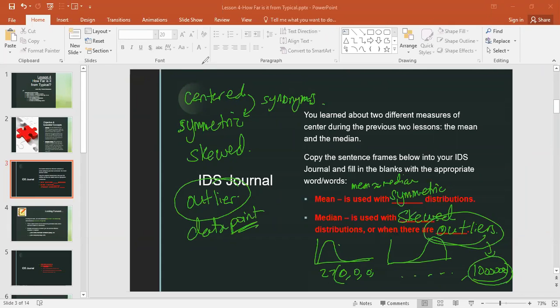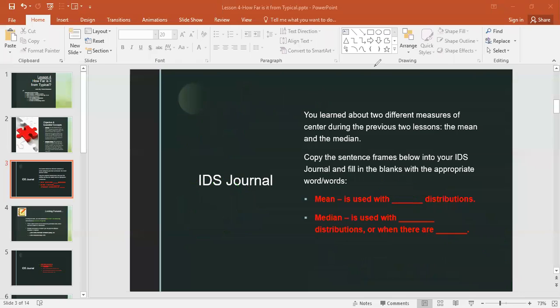Okay, so in addition to understanding the center of our data, we also need to understand the spread of our data, the variability in our data. We've been talking about variability and how important that is with our statistical questions.